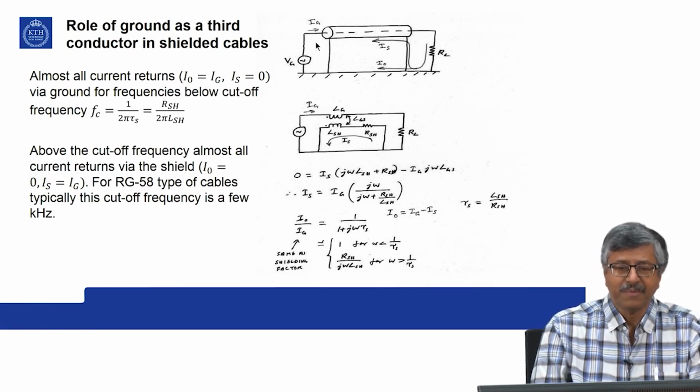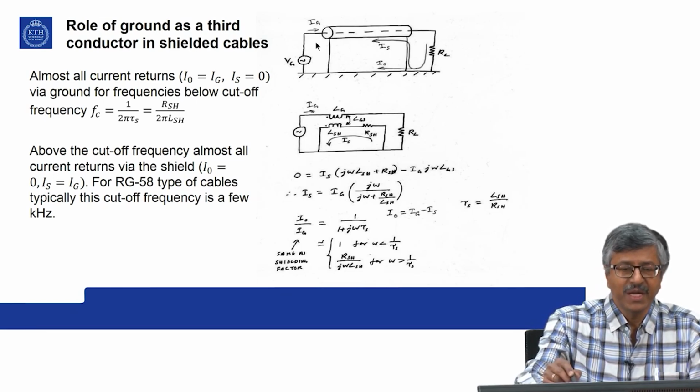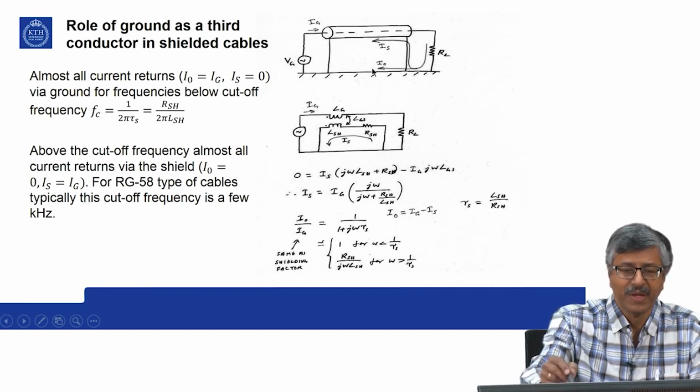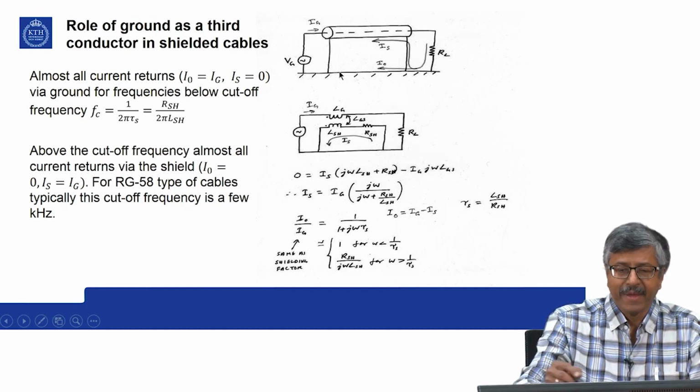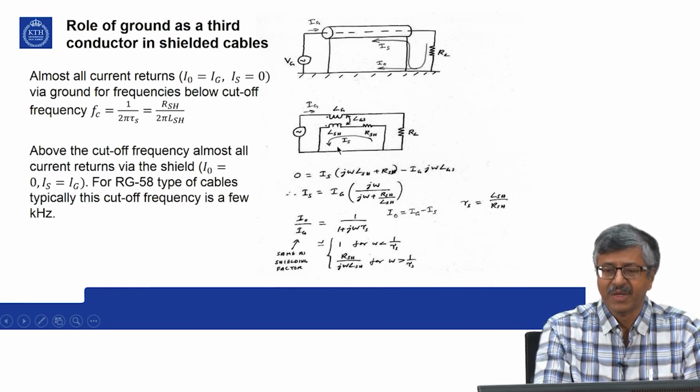Say, for example, at very low frequency, that is frequencies below cutoff, all the currents will be returning via the ground, and above the cutoff frequency all the currents will be returning via the shield. Now, this is an equivalent diagram for this cable.